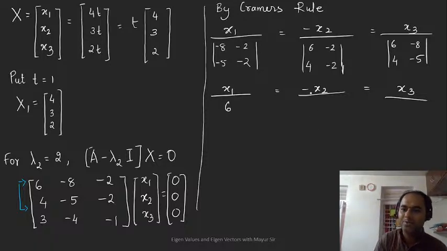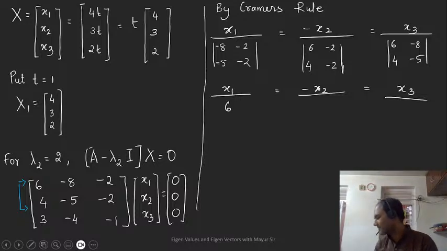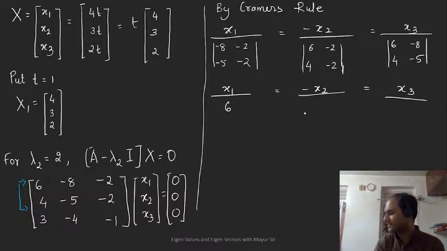See here it is -12, and 4 into -2 is -8, and there is the determinant sign, right? So it is +8.